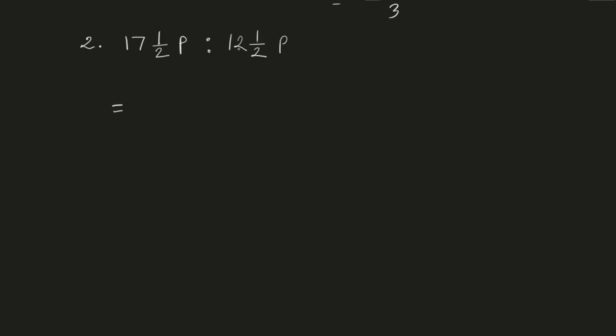You know that this is a mixed fraction, right? So we need to convert the mixed fraction into an improper fraction. To do this, we write the denominator right here, multiply the whole number with the denominator, and then add the numerator. In this case, the numerator is 1. And what is the answer? Here it is 17 times 2 is 34 plus 1 over 2 equals 35 over 2, right?